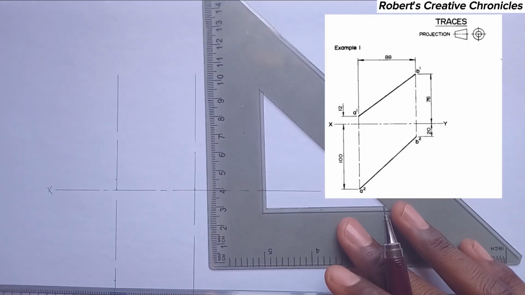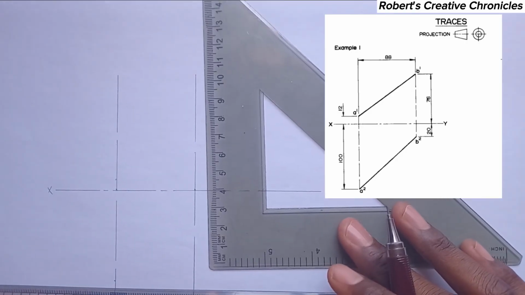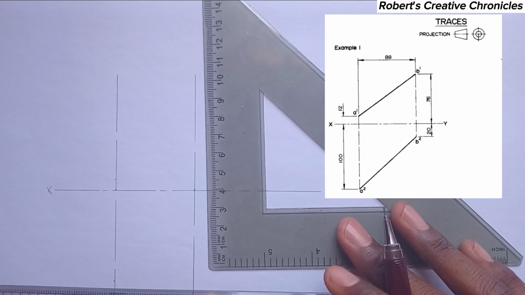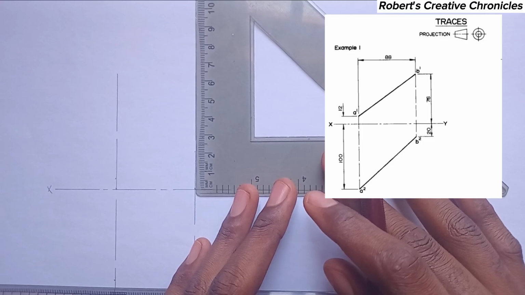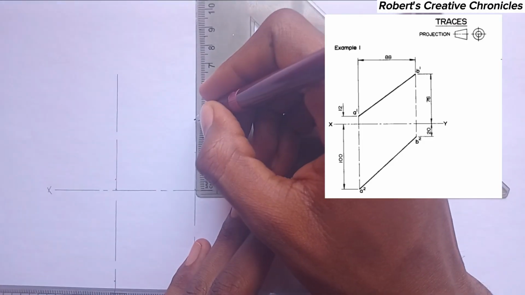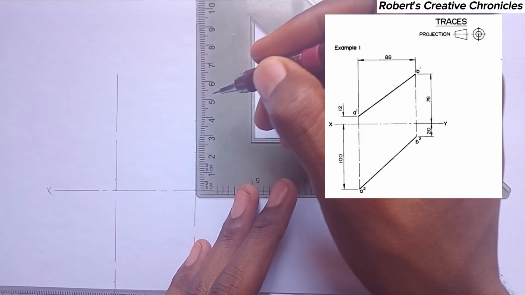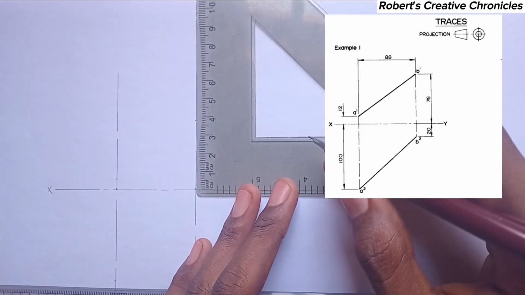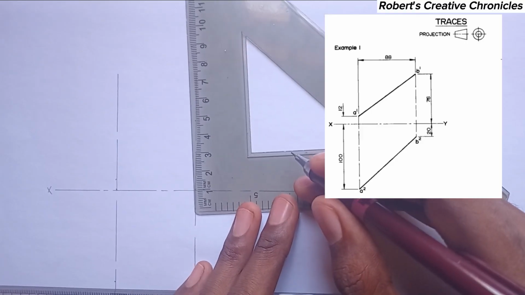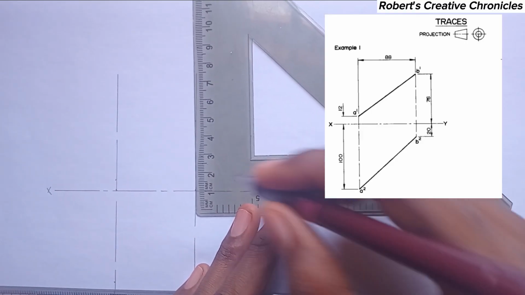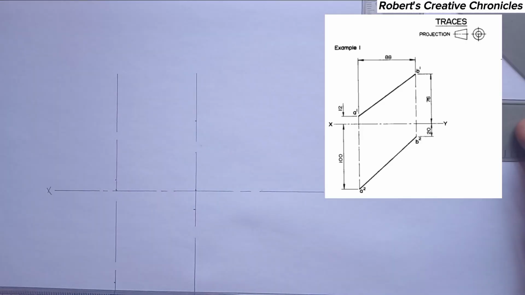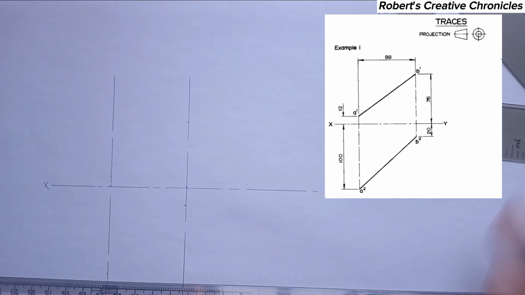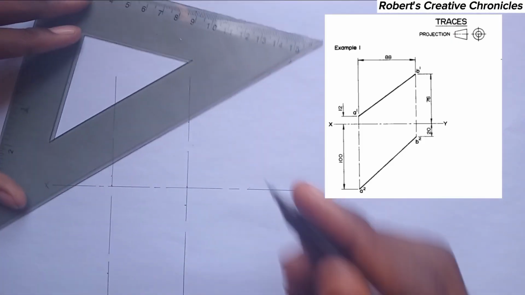Then here, upward will be 38. Then down here will be what? Will be 10. So then we'll join this.